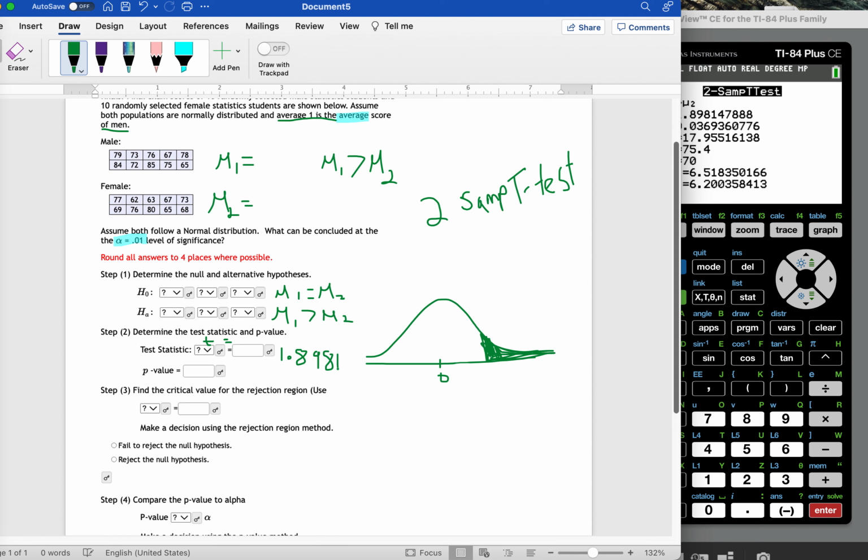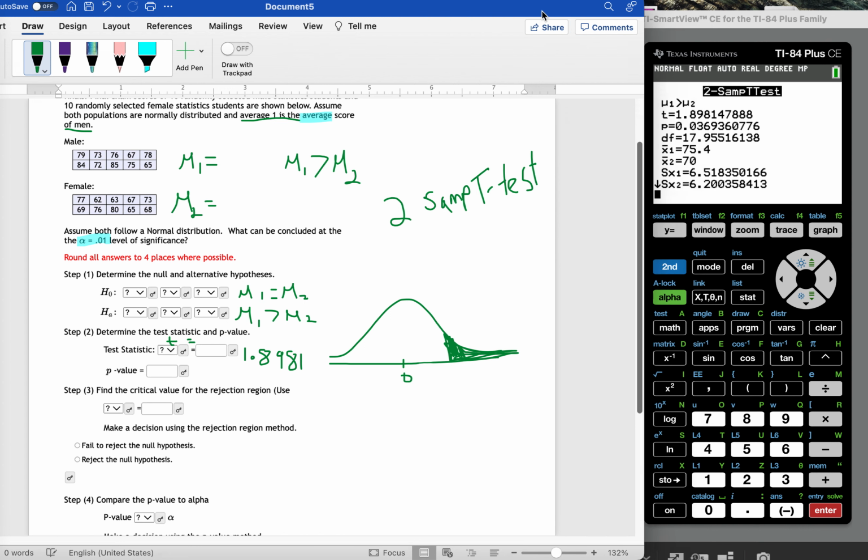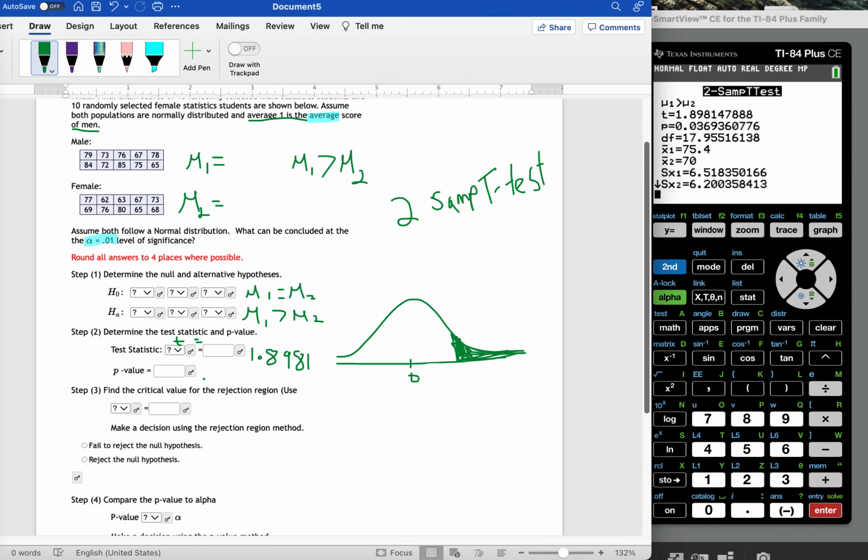That's my test statistic. And then my p-value, I get 0.037, because that 9 bumps that 6 up to a 7.